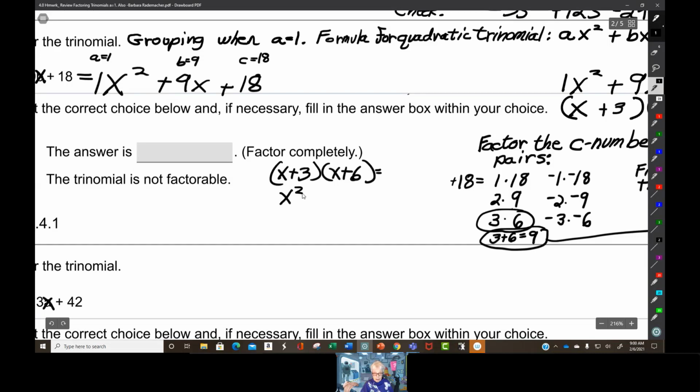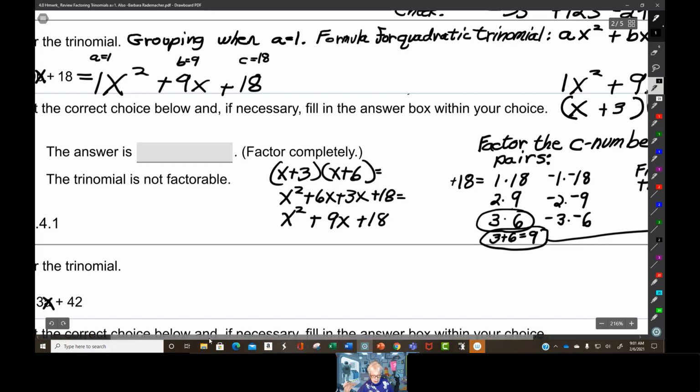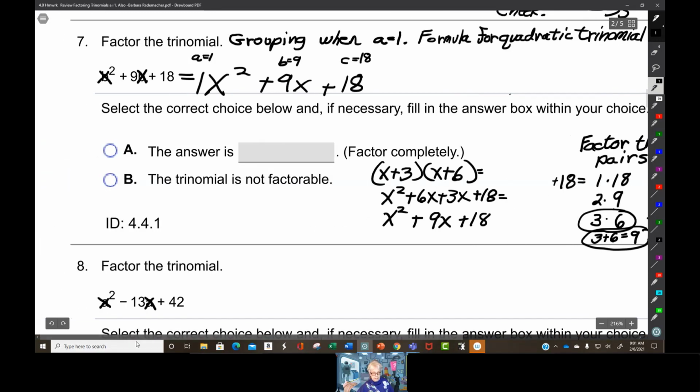X squared plus 6x plus 3x plus 18, and that equals x squared plus 9x plus 18. So yes, that's the answer. That is what I started with. Right up there.